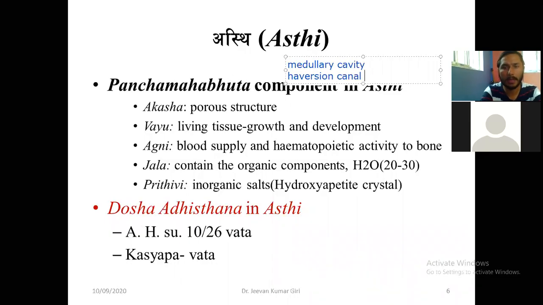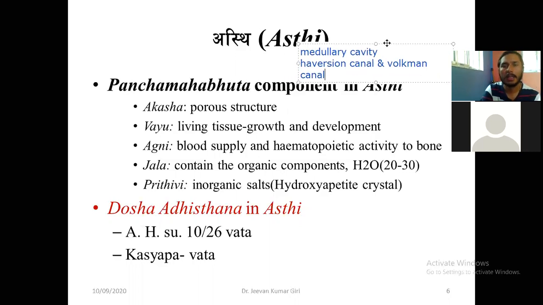Haversian canal and Volkmann's canal. So they are the cavities present in the bone. So we can say the asthi has the Akasha Mahabhuta, due to its porous nature. Chidrata is there, no? Porous means chidra.